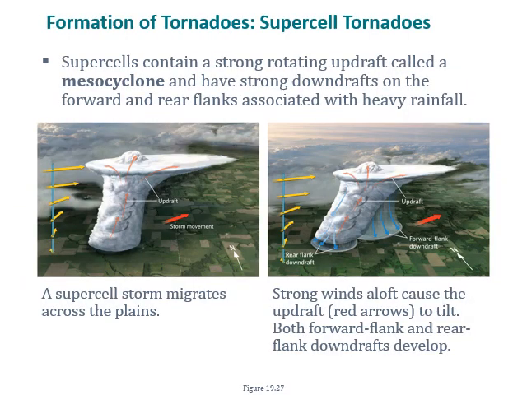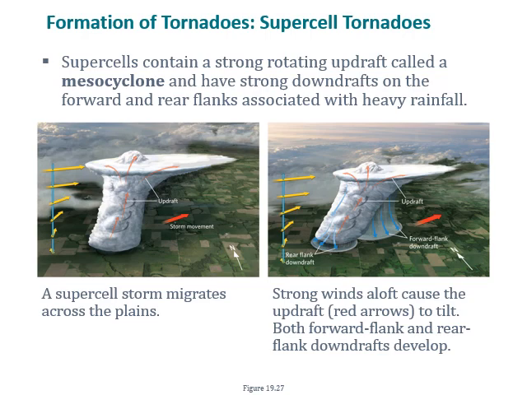Similar to the formation of supercells, the formation of supercell tornadoes is especially complicated, but we'll explain it. Supercells contain strong rotating updrafts called mesocyclones and have strong downdrafts on the forward and rear flanks of the supercell associated with heavy rainfall.